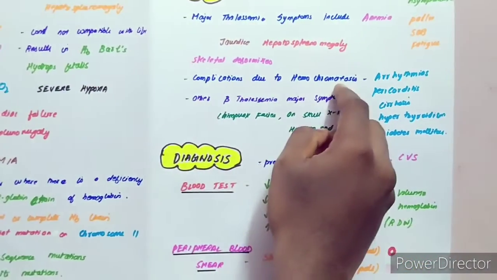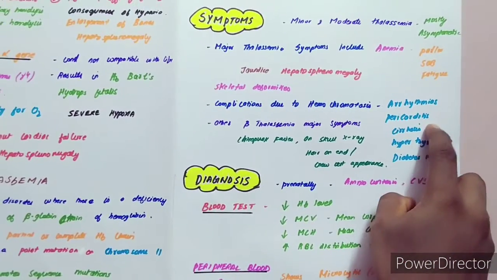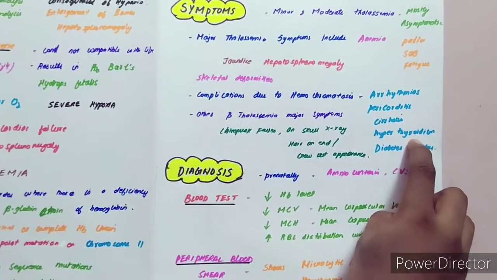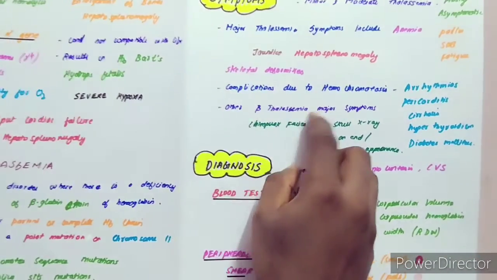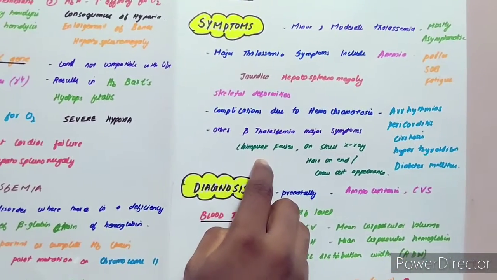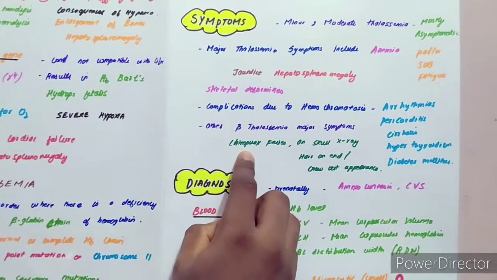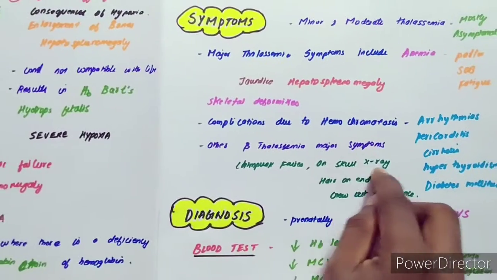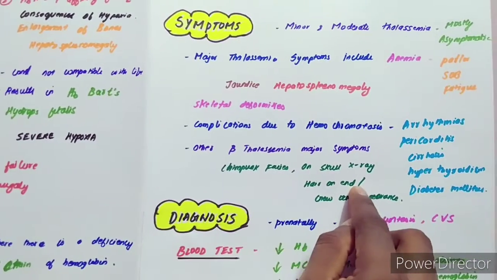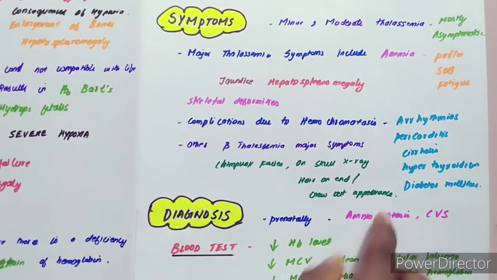Complications due to hemochromatosis are arrhythmias, pericarditis, cirrhosis, hypothyroidism, diabetes mellitus. Other beta thalassemia major symptoms are chipmunk facies, a characteristic facial appearance, and on skull x-ray, a hair-on-end appearance or crooked appearance can be seen.